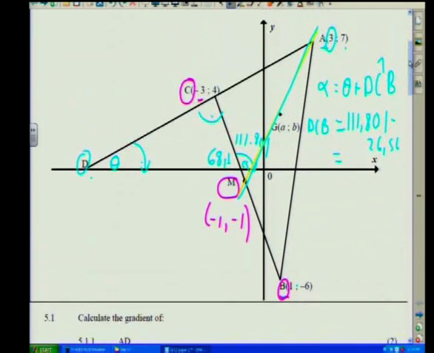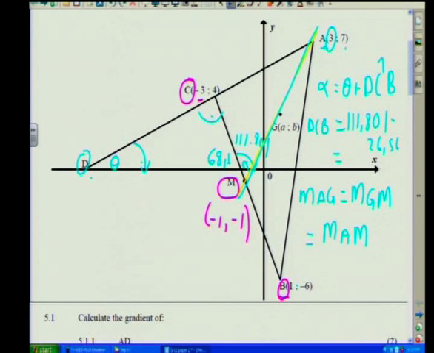So if they lie on the same straight line, it means that the gradients are always the same. Therefore the gradient from A to G will be the same as the gradient from G to M, which will be the same as the gradient of the whole line AM.